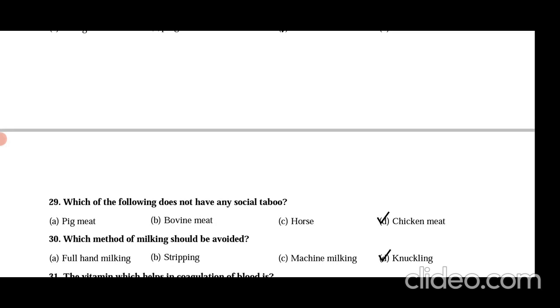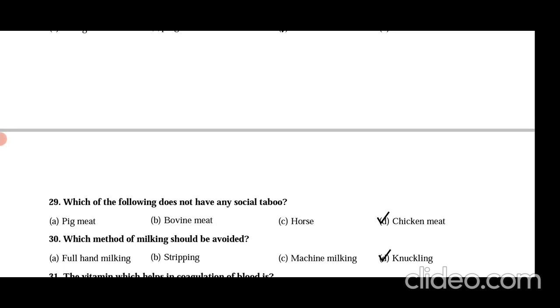Horse, pig, and bovine have the social taboo, as horses are not eaten by the Muslims, and bovines are hated by the Hindus. Hindus do not eat any meat, but especially they hate to eat bovine meat.